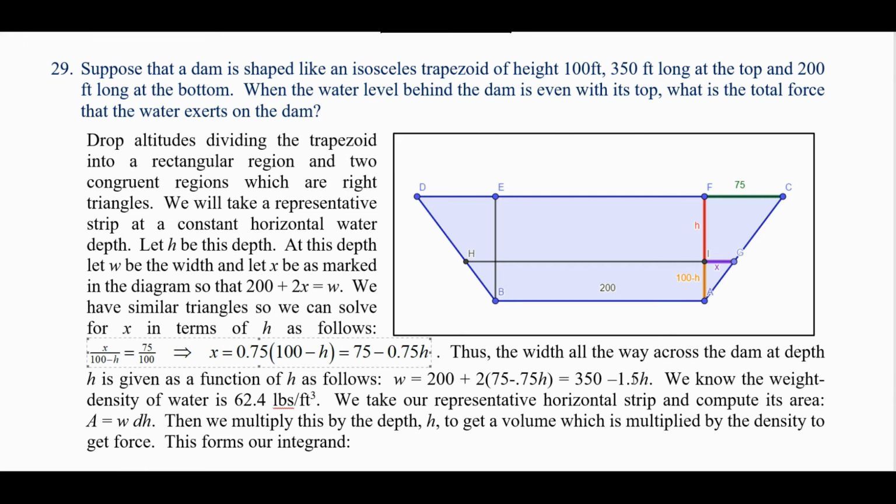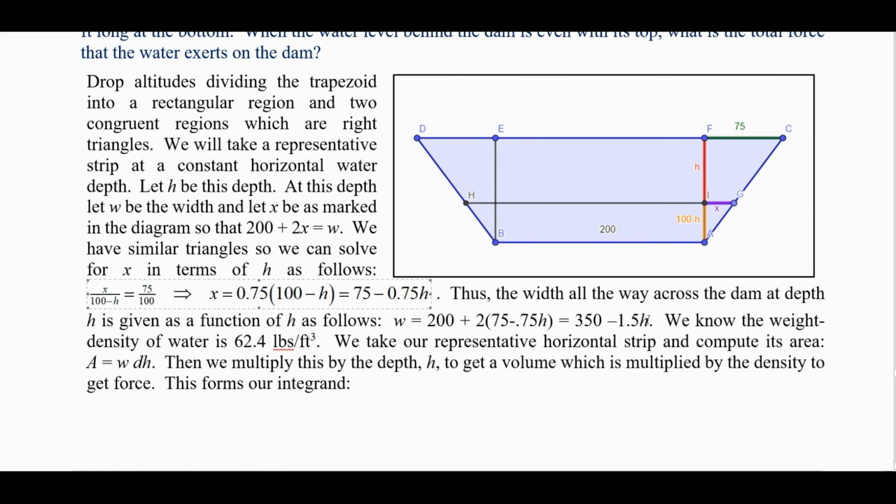So see if that makes sense. If we start at 0 for h, we're at the top, it's 350. If we go all the way down to the bottom at a depth of 100, 350 minus 150 is 200 across the bottom. So that does make sense.